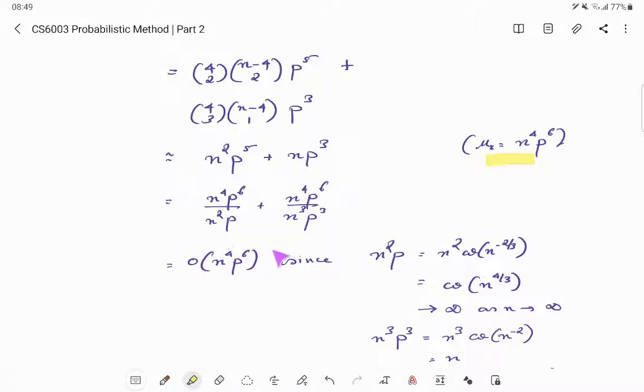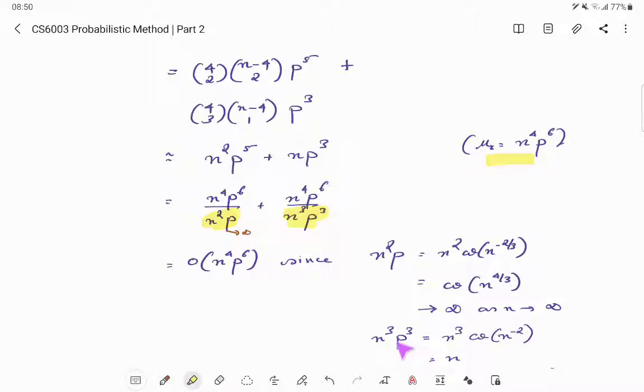So yeah, why? Because if you take the first denominator n squared p, remember we are in case 2, so p is omega of n to the power minus 2 by 3. Take the n squared inside, so this is 2 minus 2 by 3, which is n to the power 4 by 3, that tends to infinity. So this denominator here tends to infinity as n tends to infinity.